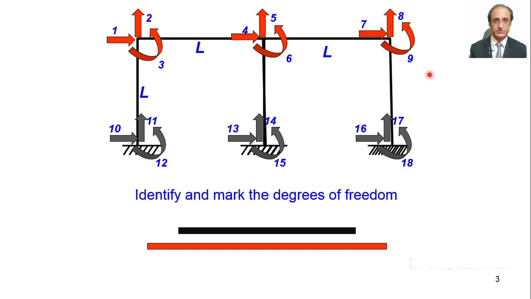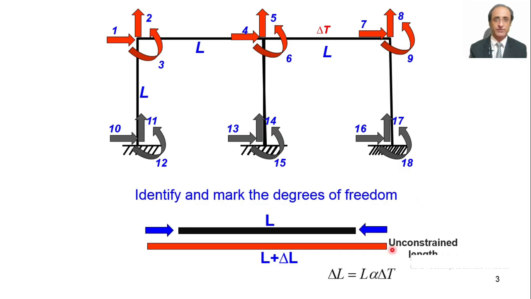So in general, if the particular member which is undergoing temperature rise was allowed to undergo the temperature related strains freely, it would have acquired a length equal to L plus delta L, where delta L is given by L alpha delta T, alpha being the coefficient of thermal expansion.